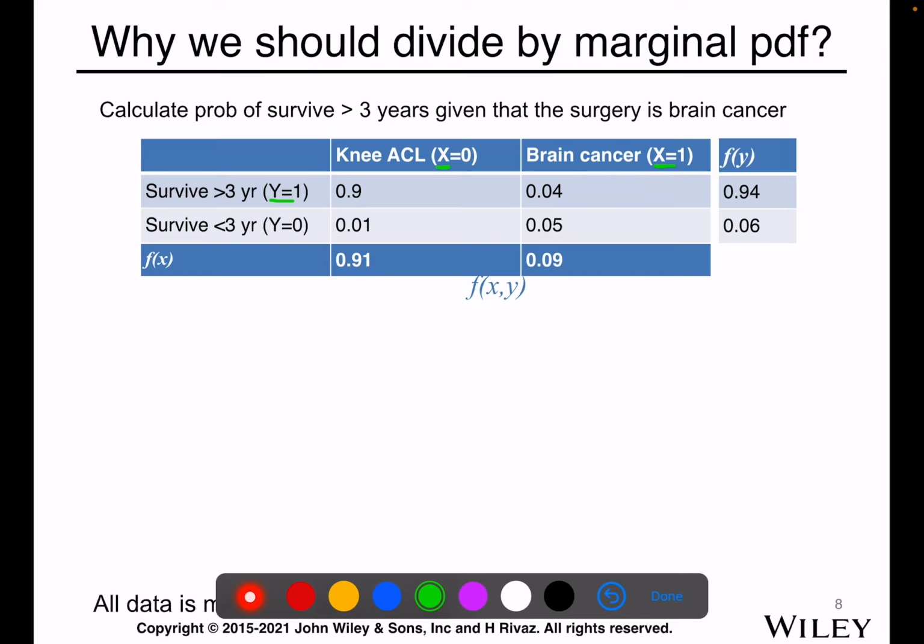So what's the chance of the patient surviving more than 3 years? I represent that with y equal to 1. And the chance of surviving less than 3 years, I represent that with y equal to 0. So these four numbers give me my joint PMF, probability mass function. Everything that I need to know is in these four numbers.